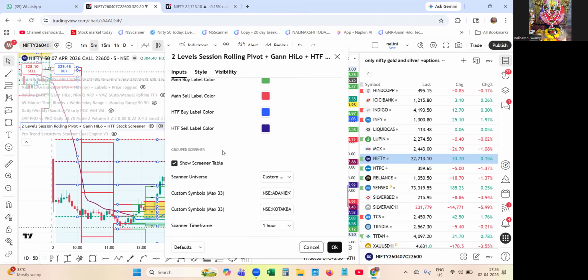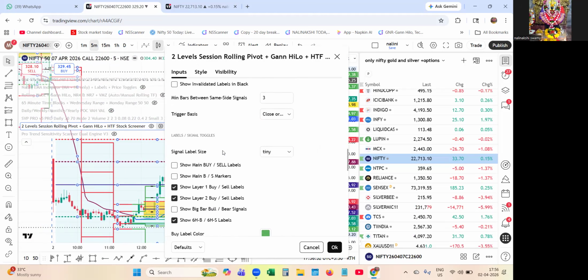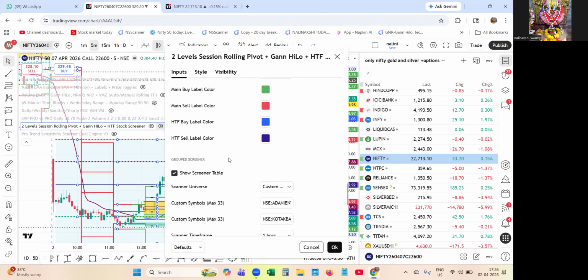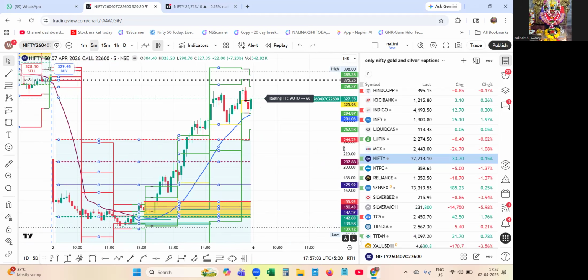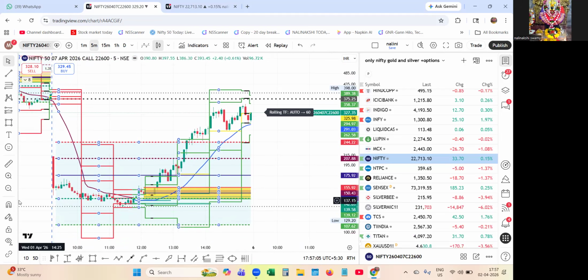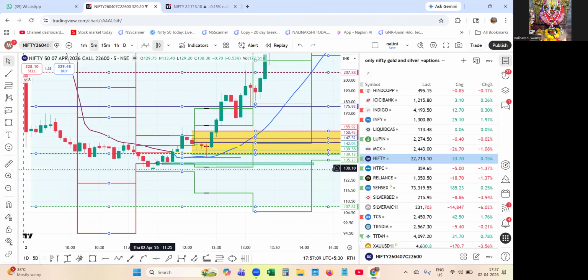Let me go back and screener table. Let me take it out where it is. Inputs. I'll take it out so that you can see the price action very clearly. Here, see, underlying was not going below the support.